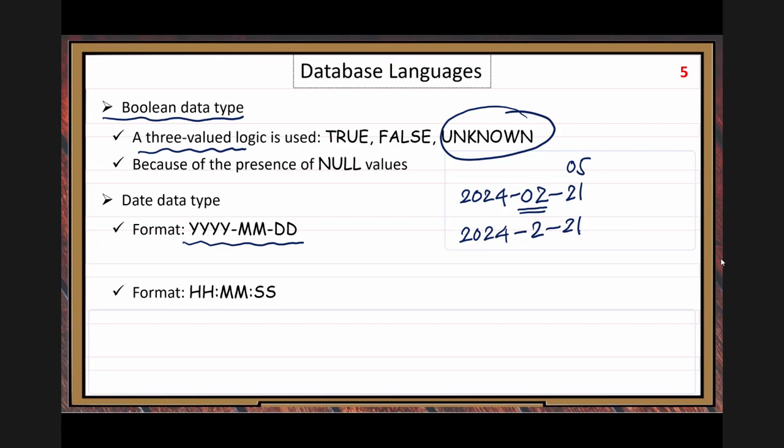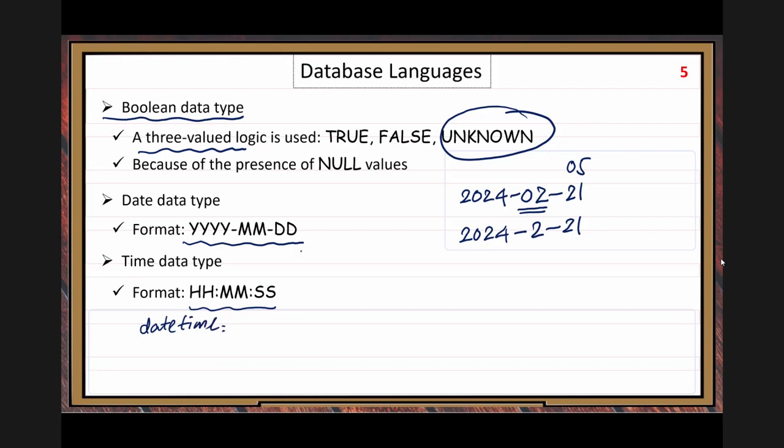Then for the time data type, you use the standard way. But there is another one called the datetime data type. Because sometimes people represent the current time, including the date part. So it's called a datetime data type. You write them together, so date, time, data type.